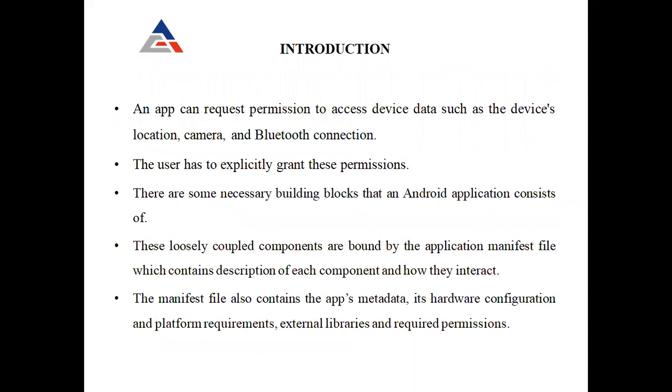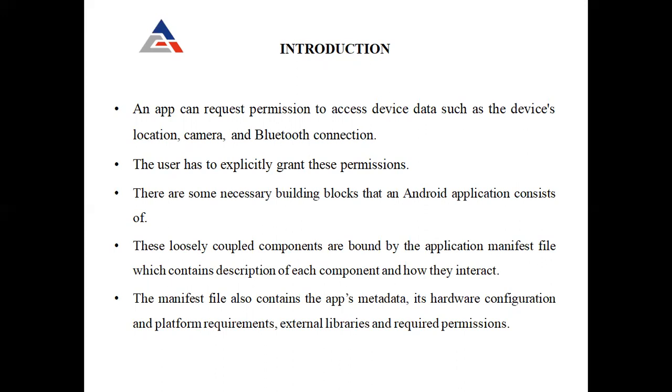An application can request permission to access device data such as device location, camera, Bluetooth connection, etc. So whenever you install a new application, they always ask you: can we share your gallery, can we share your contact list? They are asking permission from you.